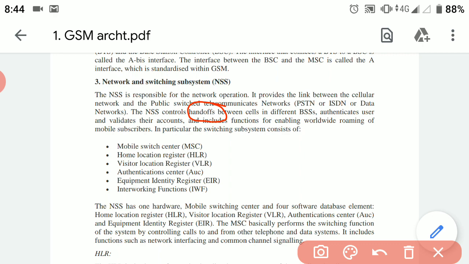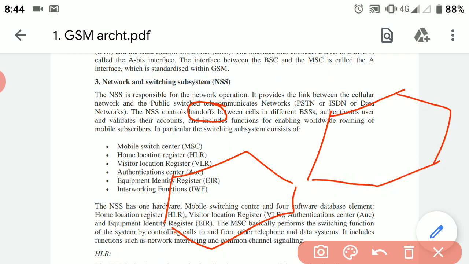Handoff means when any user moves from one cell to another cell. For example, in a geographic region a mobile user is traveling, moving from one cell to another cell.